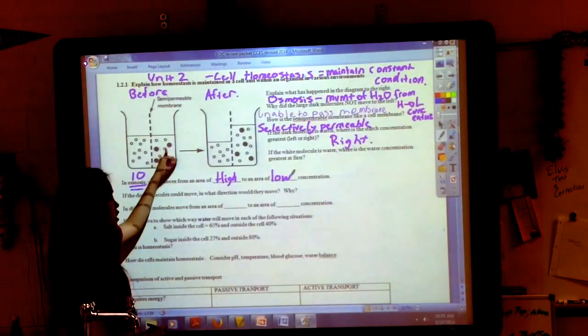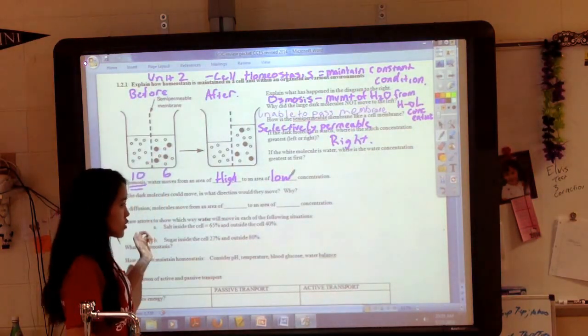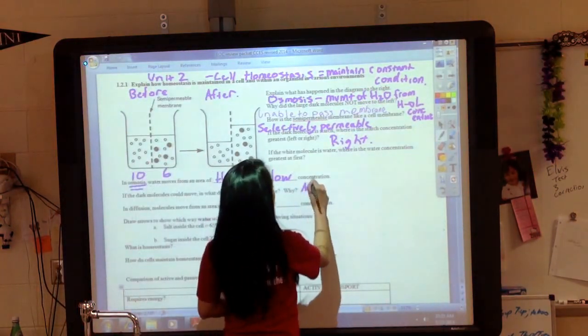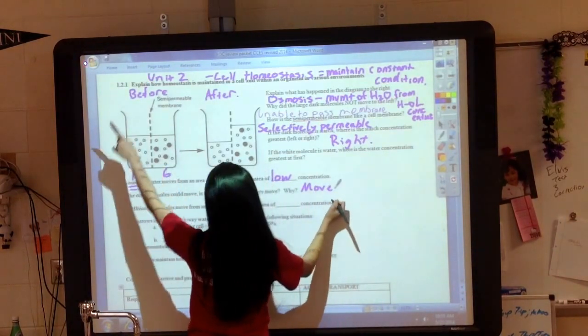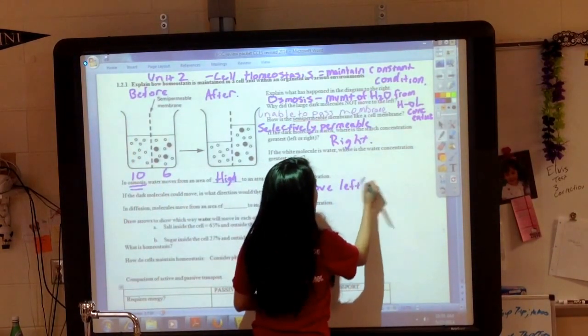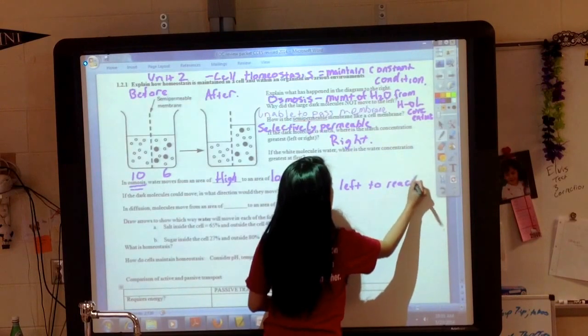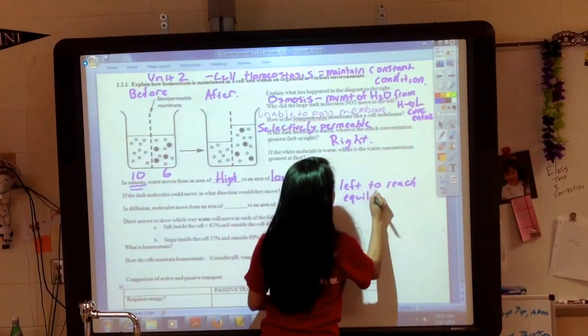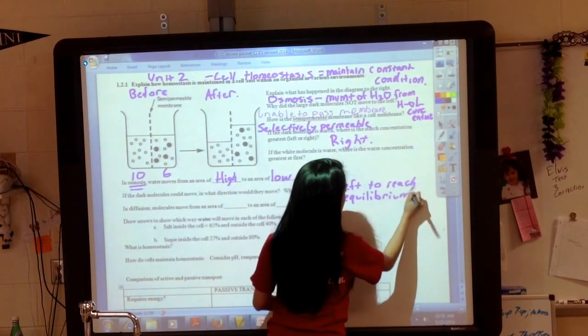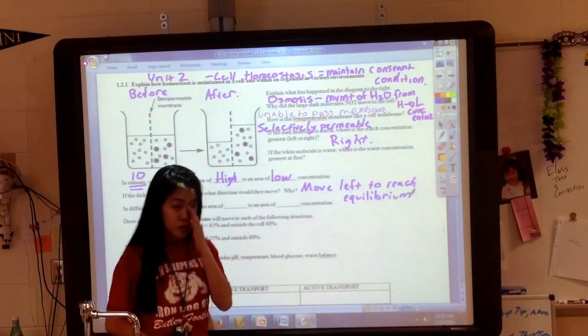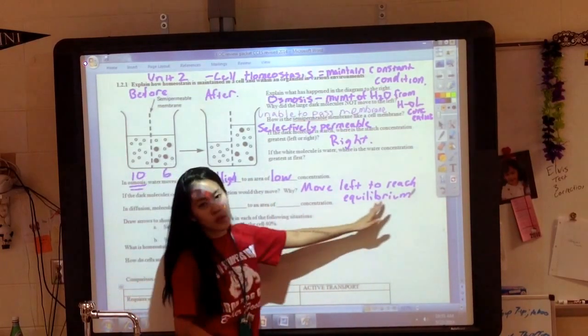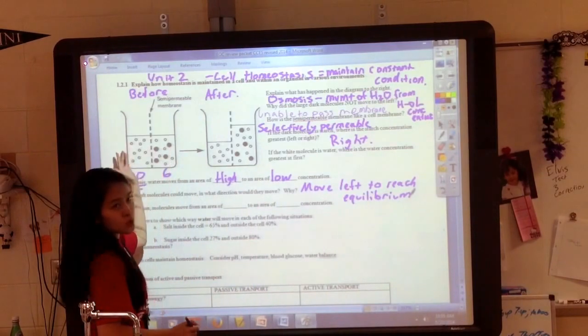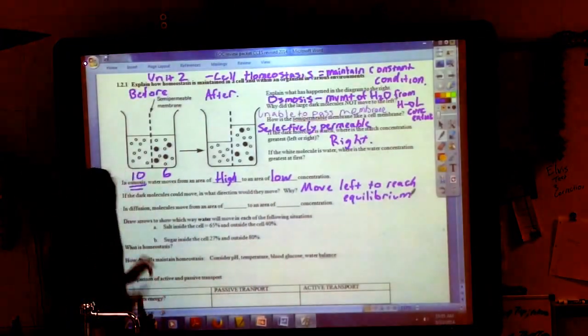Well, if initially we're here, remember we're trying to reach equilibrium. So they would move, technically, to the left to reach equilibrium. These are all terms that you're going to need to remember and that you'll have to learn for our EOC. So equilibrium, having same or equal amounts on both sides.